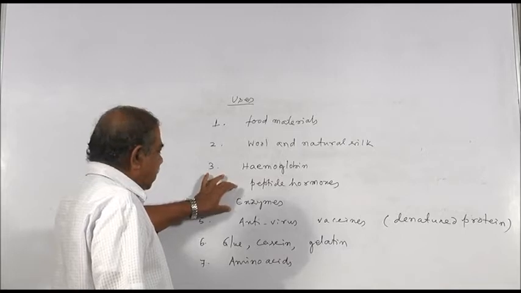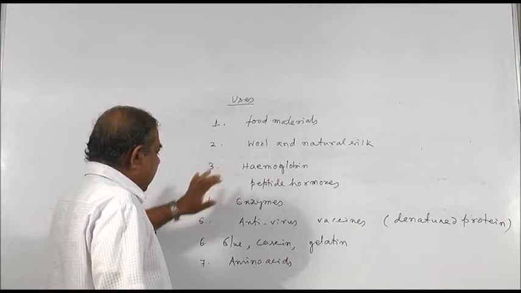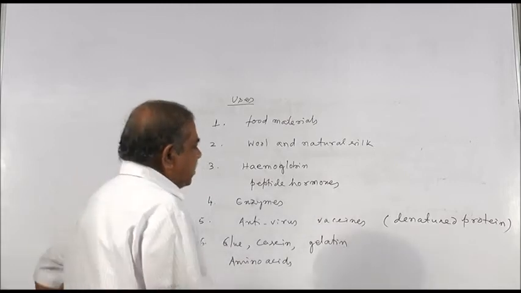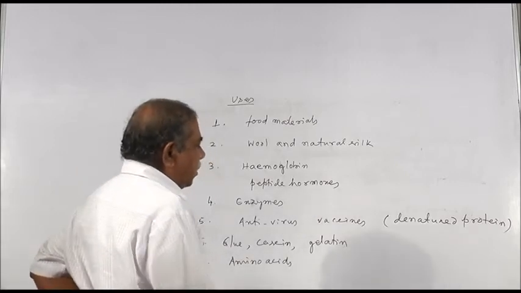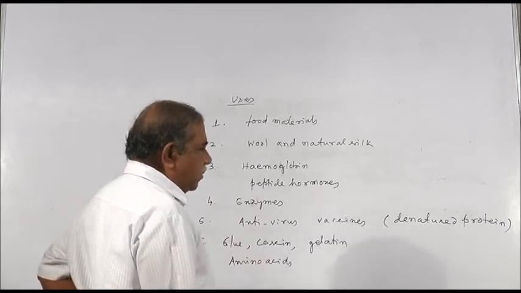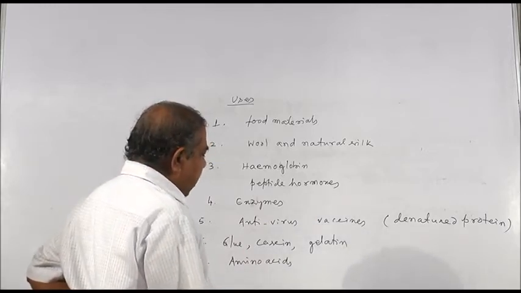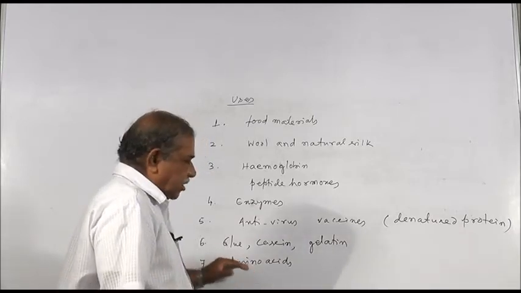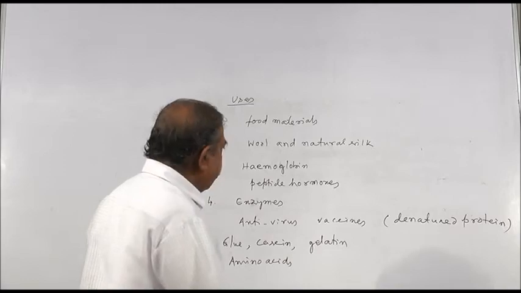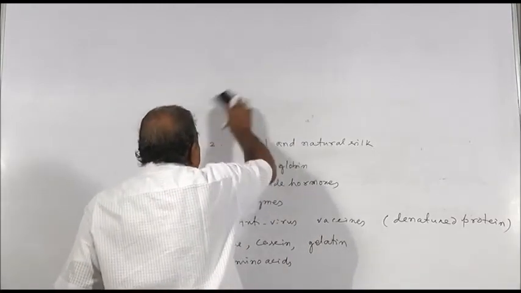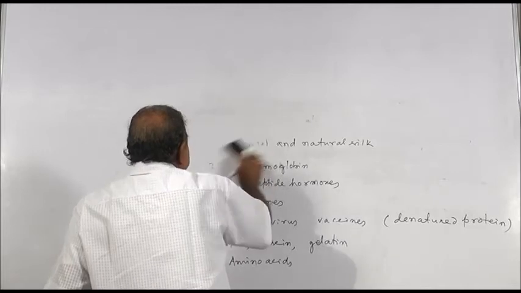Enzymes which act mostly as a biocatalyst are also protein in nature. Antivirus medicines are mostly denatured protein. Glue, casein, gelatin which are used industrially are also protein in nature. Amino acids are essential for different body functions, and we get amino acids from protein.